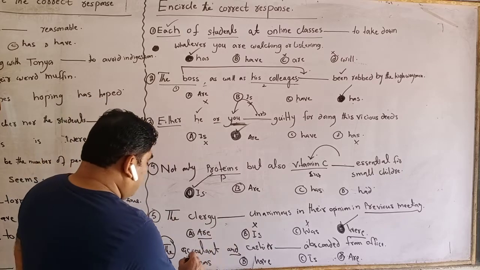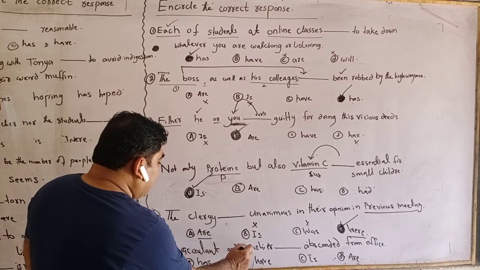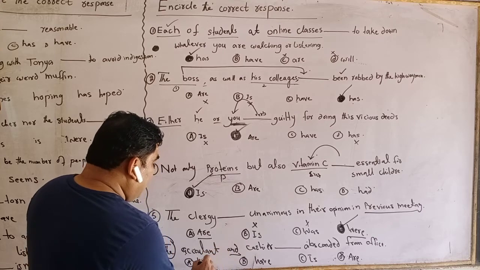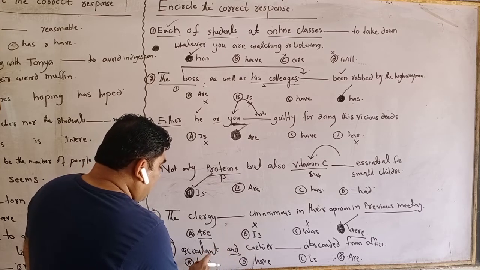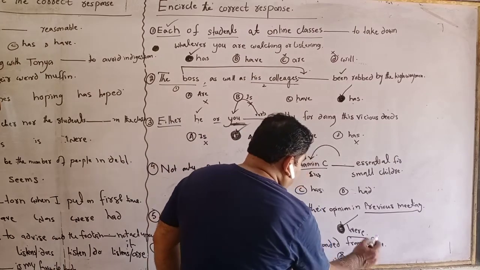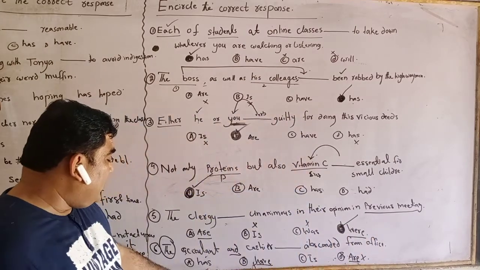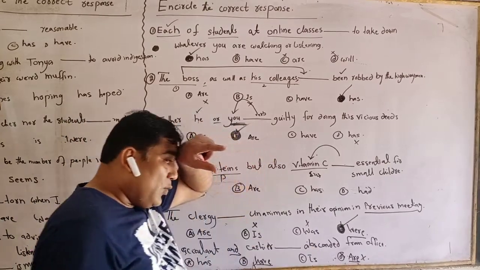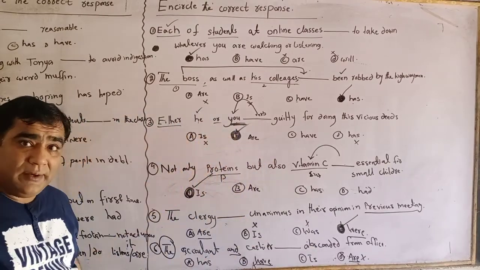Now see, if the accountant and cashier is singular, then the plural would be disagreed. These both were disagreed. Now we have the words has and is. Which one would be suitable?